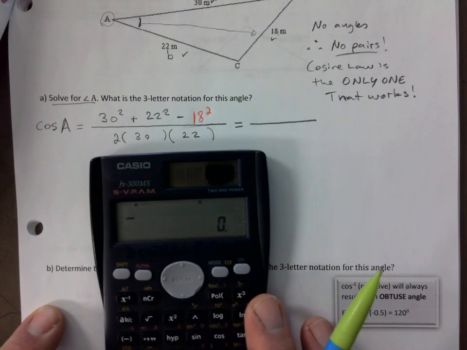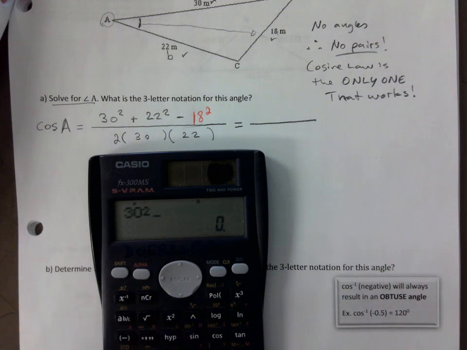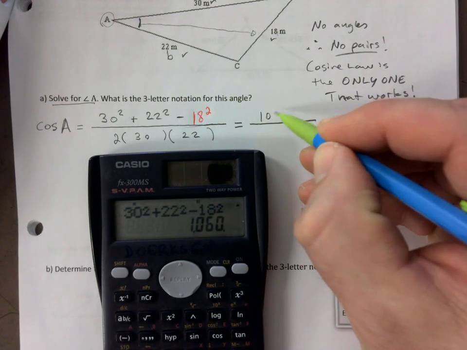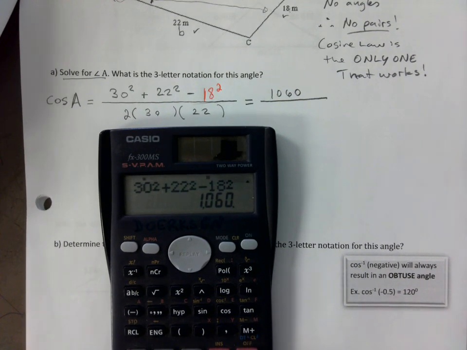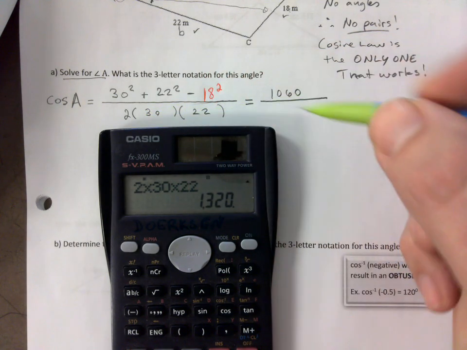I hope I'm clear on that one. 30 squared plus 22 squared minus 18 squared. I'm getting 1,060. No decimals. If there had been decimals, you write down every single decimal, all right, guys? I'm just keeping it simple for this first one. At the bottom, clear your screen. 2 times 30 times 22. All of these are multiplying.